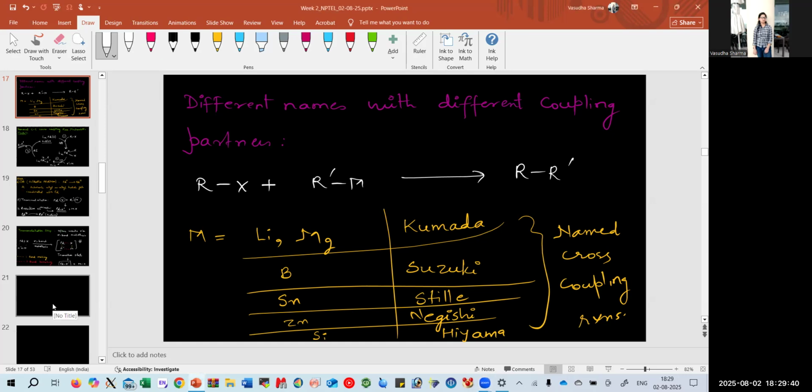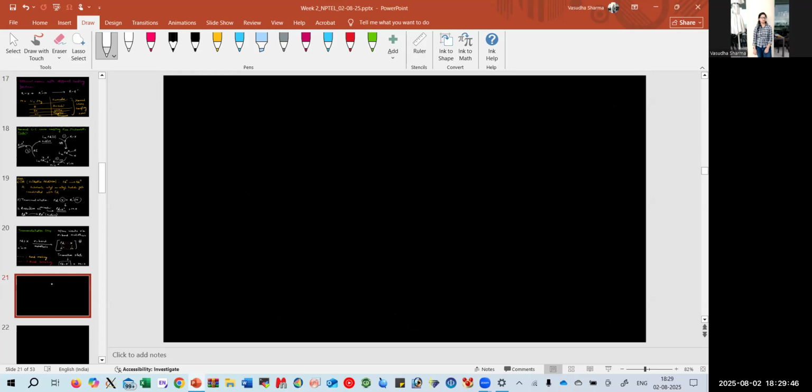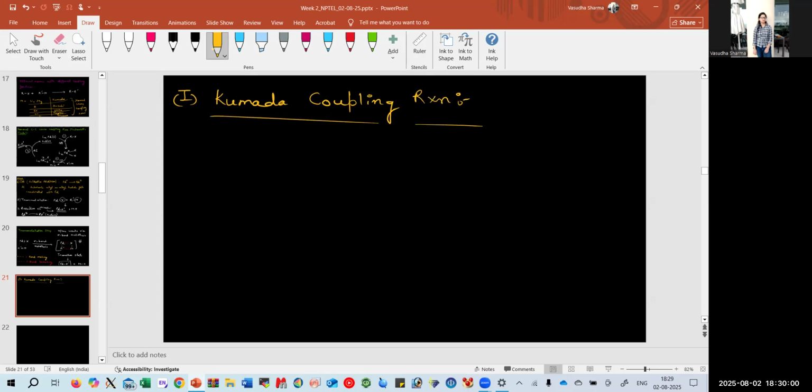Now let's start with our first named coupling reaction, which is the Kumada coupling reaction. This was given in 1972.